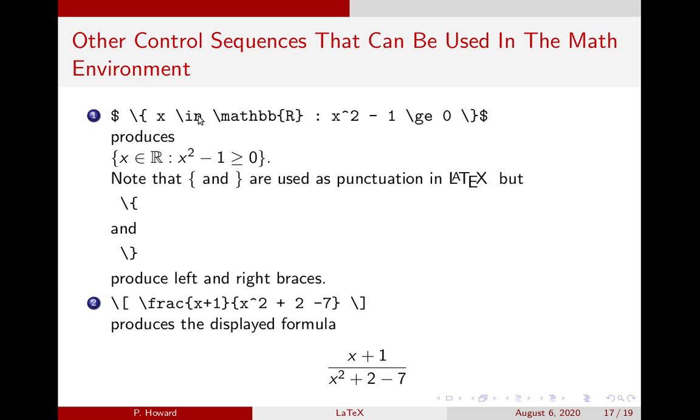The control sequence \in produces the is an element of symbol. \mathbb produces the font known as Blackboard Bold. So \mathbb{R} produces the symbol for the real numbers. The control sequence \ge produces a greater than or equal to, and so on.